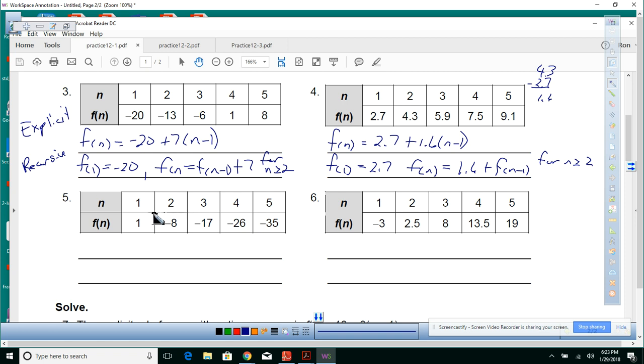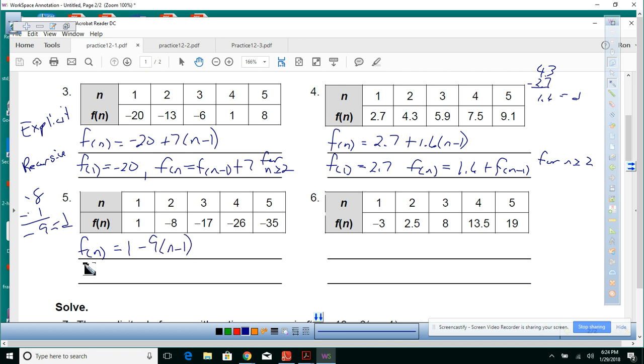Number 5. So what do we got? Negative 8 minus 1, that gives you negative 9. So d equals negative 9. And we've got f of n equals 1 minus 9 times n minus 1.